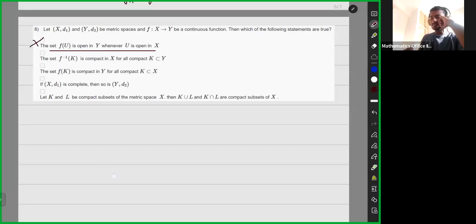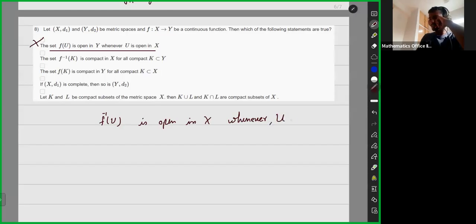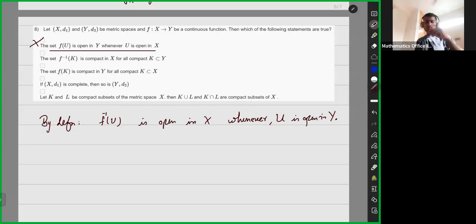What is the definition of continuity? f inverse of U is open in X whenever U is open in Y. This is the definition of continuity. And we don't know about images, so the first option is incorrect.